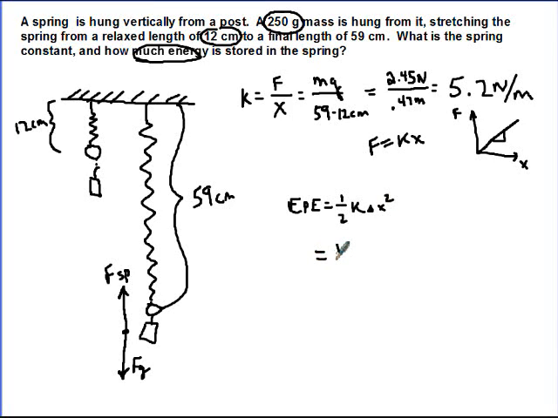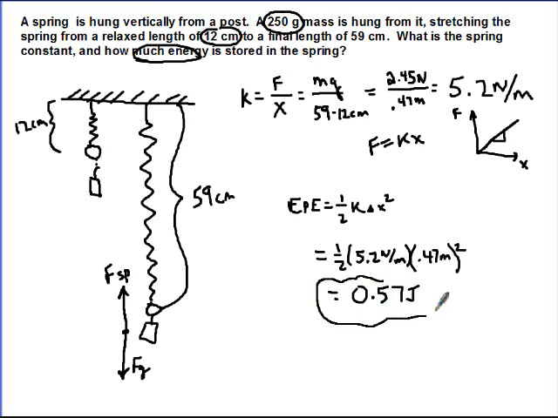And in this case, since I now know the spring constant, I can go 1/2 times 5.2 newtons per meter, multiplied by how far it's been stretched, again 0.47 meters, squared. When I multiply them out, I get about 0.57 joules.